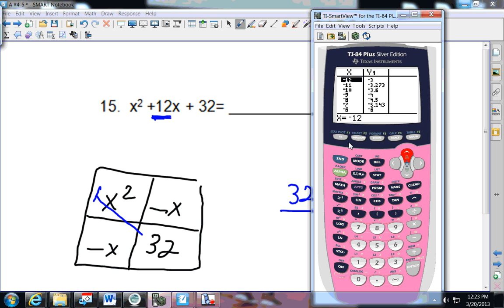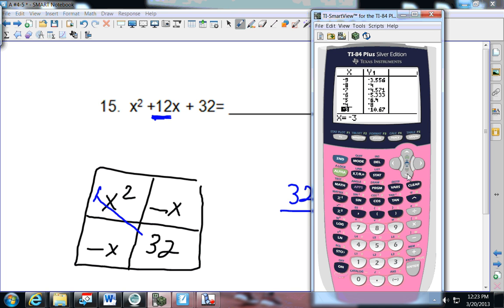Well, let's go back to the calculator here. I'm going to put in there 32 divided by x. Second graph. Well, let's see. I need the whole numbers. If I add these together, what's negative 8 plus negative 4? Negative 12.